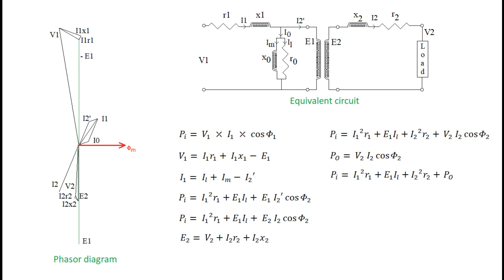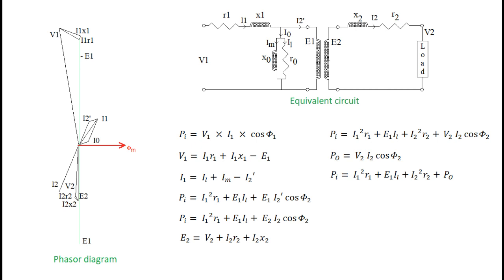Now let us understand power relations from the phasor diagram and mathematical expressions. Input power Pi is a product of RMS value of phase voltage into RMS value of phase current and power factor corresponding to phase angle between these two phasors. Such expression of power is shown on screen below equivalent circuit.